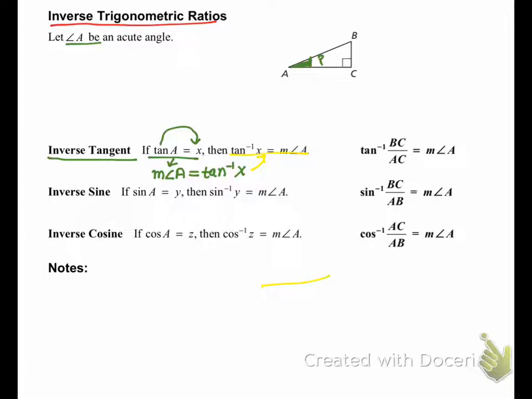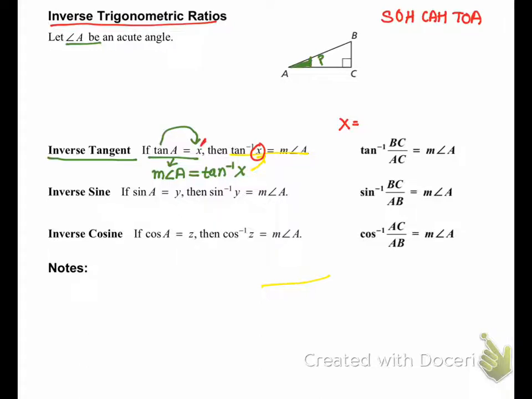Let's move to the next part, where we see what this x is. They're just doing the same expression here. What is x? X is actually tangent of A. We know SOHCAHTOA.